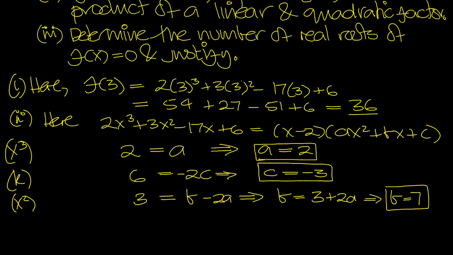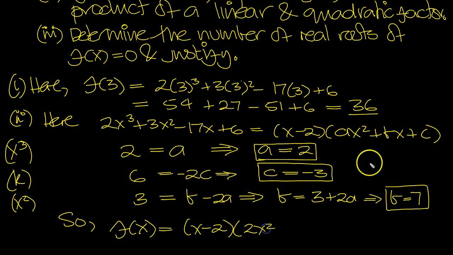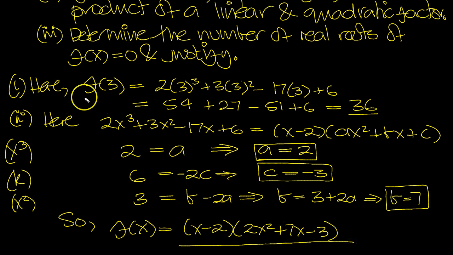That's what we've got then. So f of x, as a product of a linear, x minus 2, times the quadratic, 2x squared plus 7x minus 3. So that's part 2.